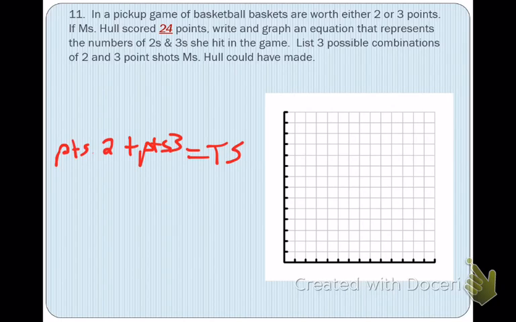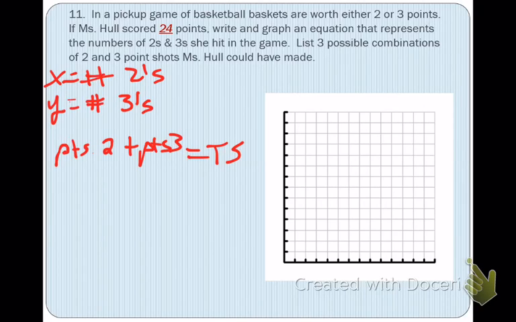How do we figure that out? Do we know how many 2s she hit? No, we don't. So how about we let x be the number of 2s that she hit? Do we know how many threes she hit? No, we don't. So how about we let y be the number of threes that she hit?